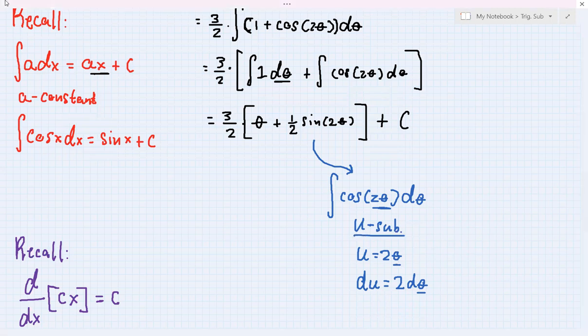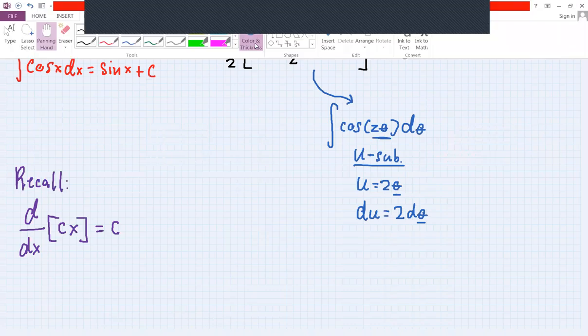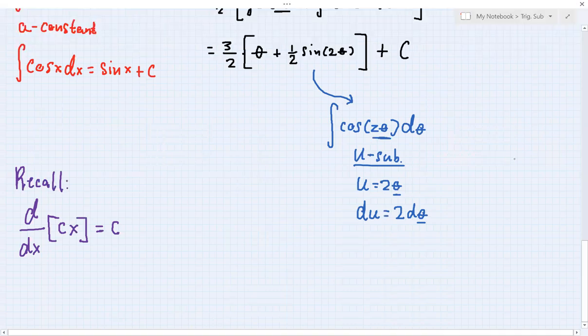So, ngayon, last objective is make sure daw na dapat pagka-substitute natin, si u at saka si du lang ang matitira. So, paano yun? So, du is equals to 2d theta. So, ang gagawin natin is hanapin natin si d theta.